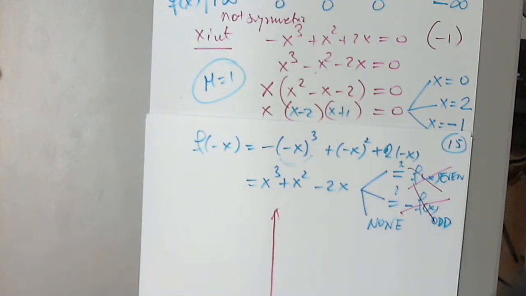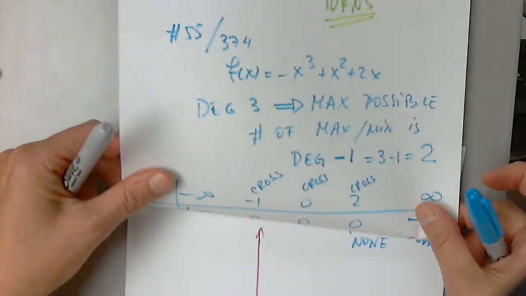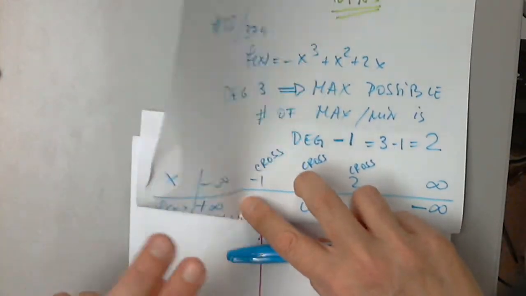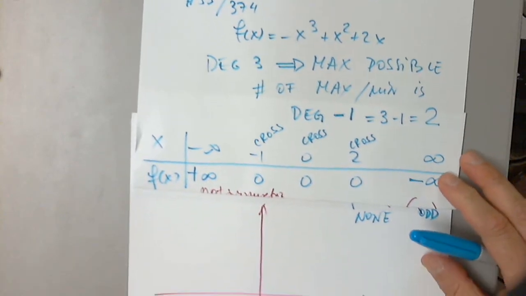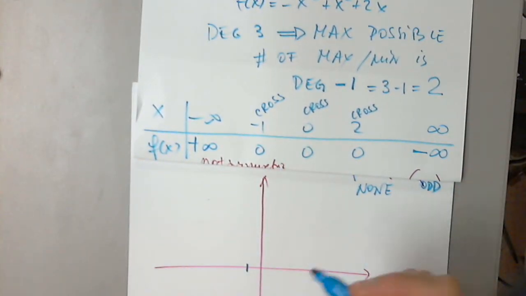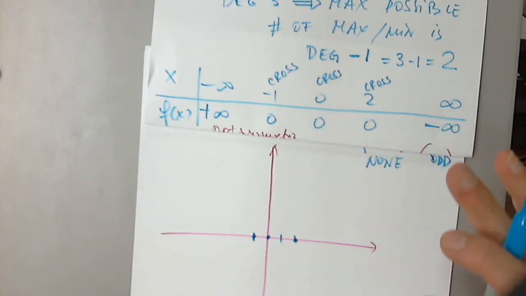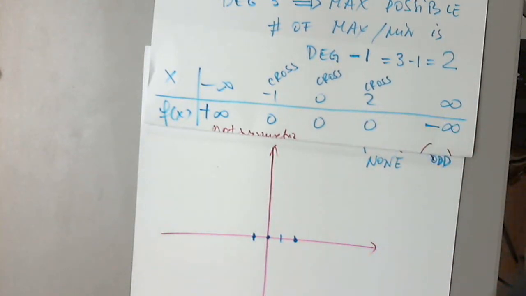Ready? From left to right, we're only looking at the table. I don't care for anything else. Right now, I have all my information in the table. At negative 1, at 0, and at 2. So let's do this together. Ready?